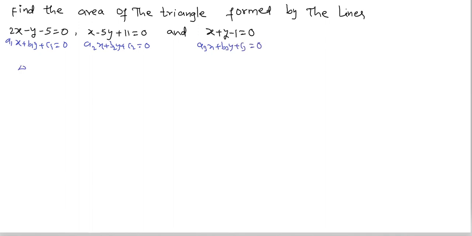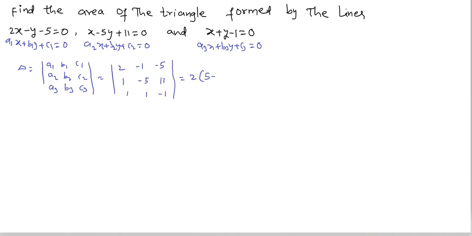First we find delta. Delta is equal to the determinant of a1 b1 c1, a2 b2 c2, a3 b3 c3, equal to 2 minus 1 minus 5, 1 minus 5 11, 1 1 minus 1, is equal to 2 into (5 minus 11) plus 1 into (minus 1 minus 11) minus 5 into (1 plus 5).